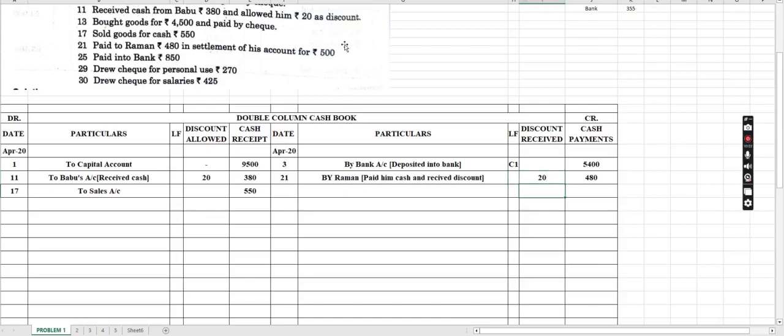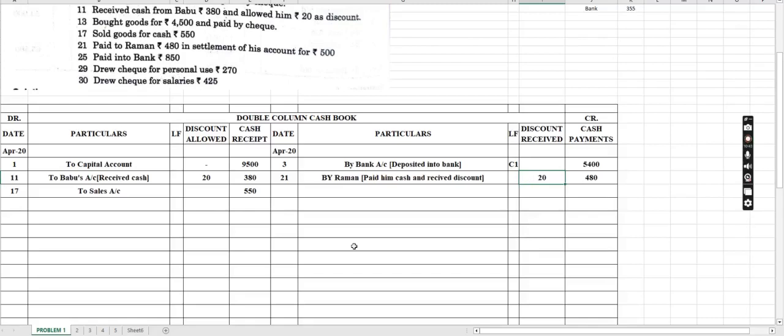How did we get to know? It means we had to pay him 500 rupees. We paid him 480 rupees and it is a full settlement. There is nothing left to be paid. That means the remaining 20 rupees is a discount amount which he has given to us. We have received a discount of rupees 20. That is clear. Okay, next.